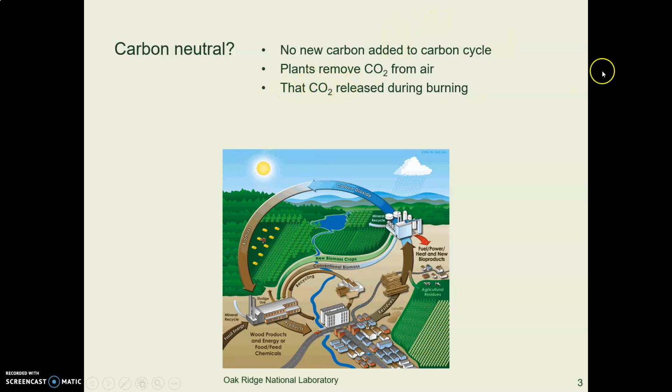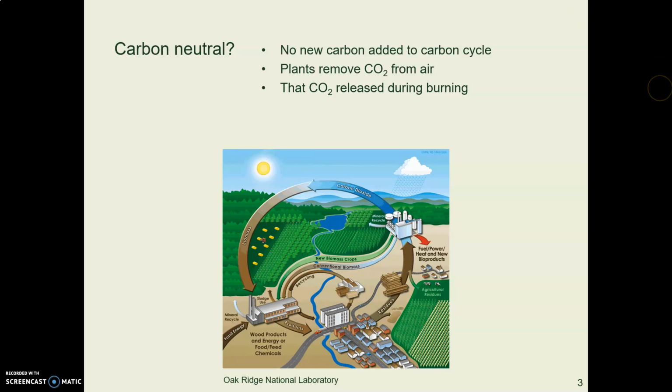Okay, they now give off carbon dioxide, but it's net zero. It's no more than they originally removed from the air. There seems to be some debate about that, so I will leave that up in the air. Some people argue that it's carbon neutral, and other people argue no, it's not.